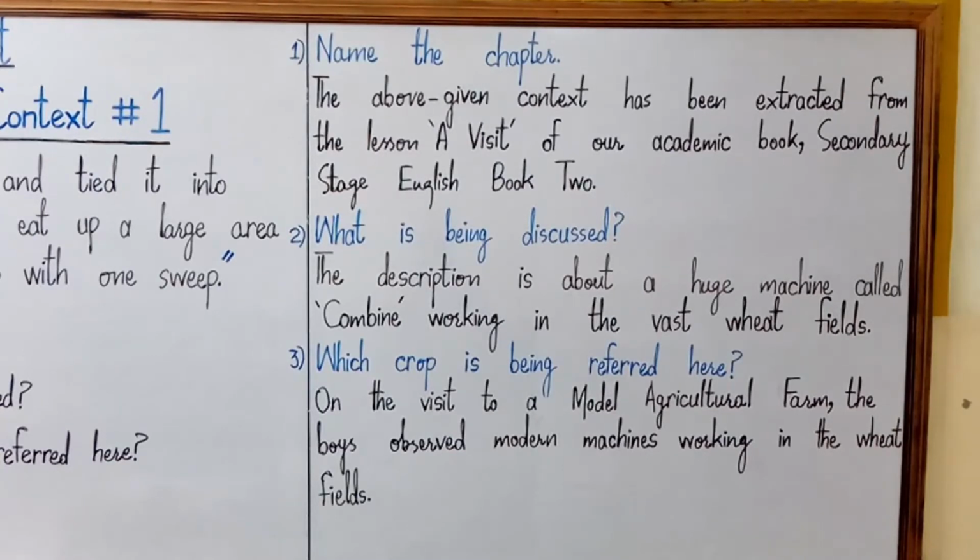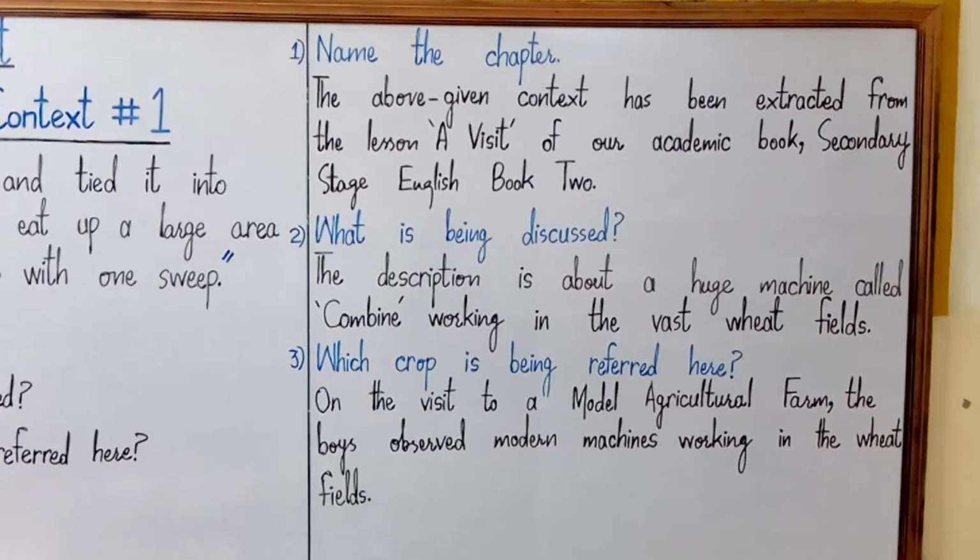Question number 2, what is being discussed? The answer is, the description is about a huge machine called combine working in the vast wheat fields. Combine is the machine being discussed here. Instead of writing that combine is being discussed here, I have given a proper sentence.